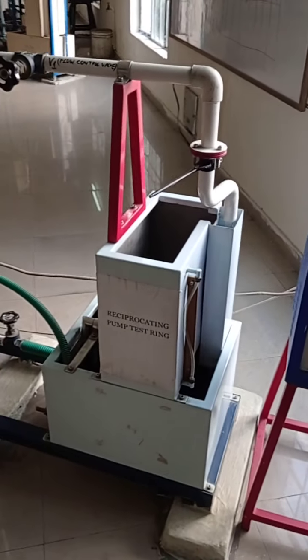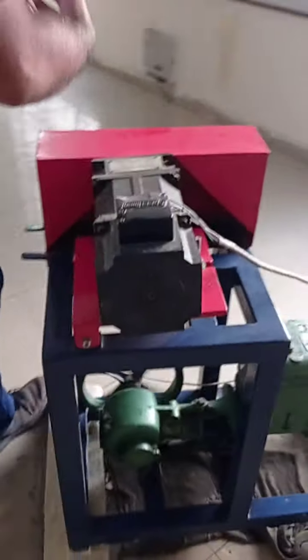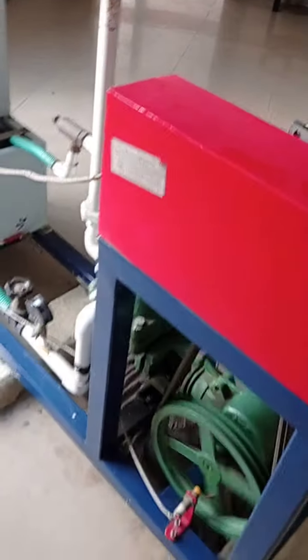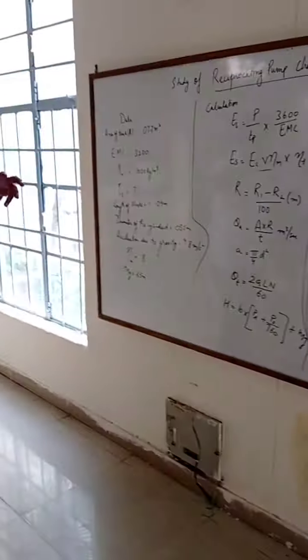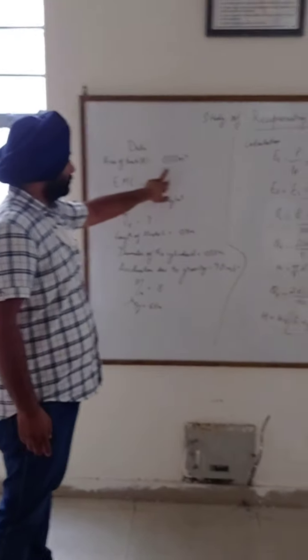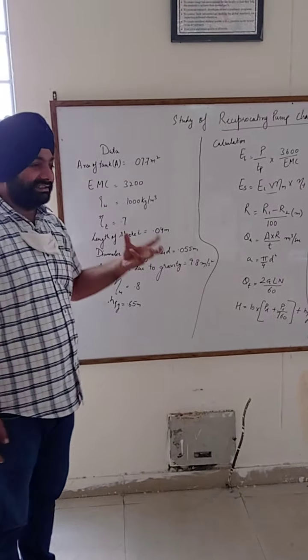Let us see some of the calculations that are to be done to check the effect of RPM on efficiency. We need to know some data related to this particular equipment. The area of this tank is 0.077 meter square. EMG is the energy meter constant.